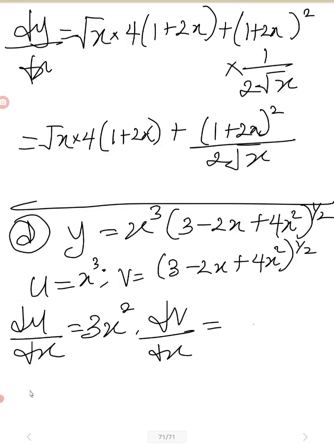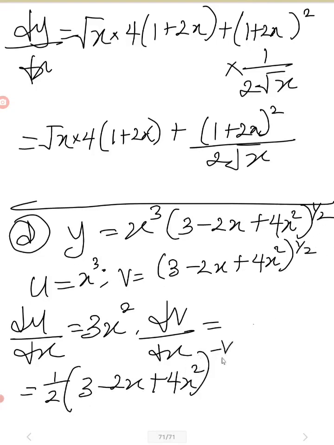So it will be half, that half we multiply (3 minus 2x plus 4x squared) onto half minus 1. It will give you minus half times the derivative of the inside of this, which will give you minus 2 plus 8x. That is the derivative of this.